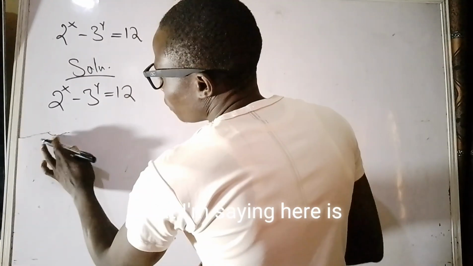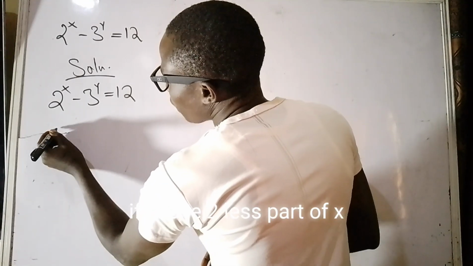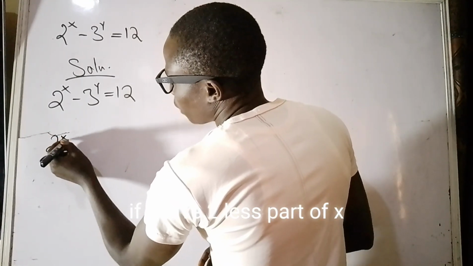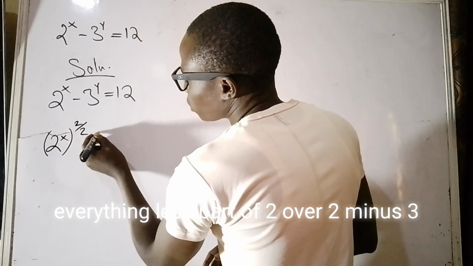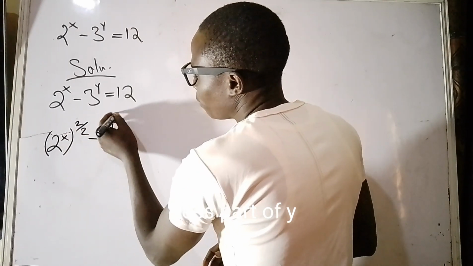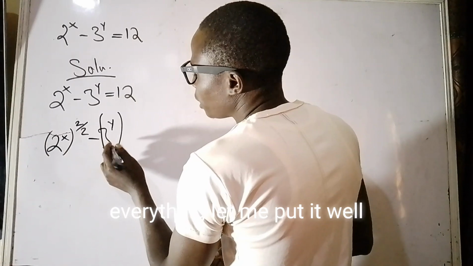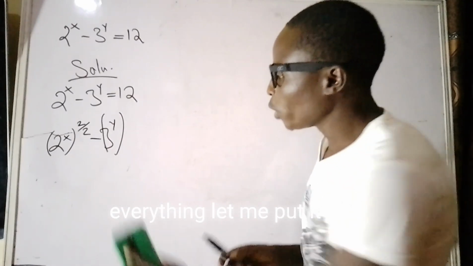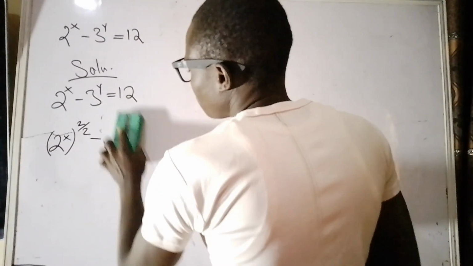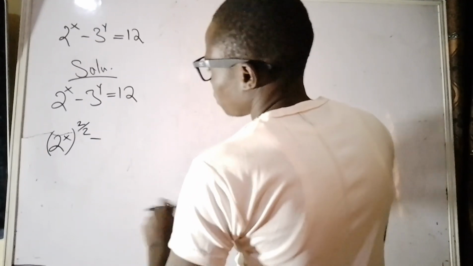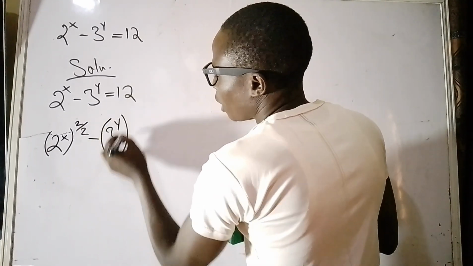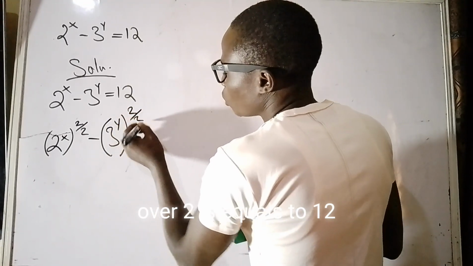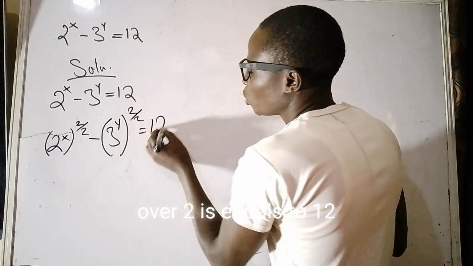What I'm saying here is, if I have 2 raised to the power of x minus 3 raised to the power of y, everything raised to the power of 2 over 2 is equal to 12.